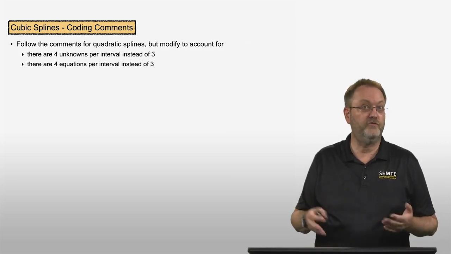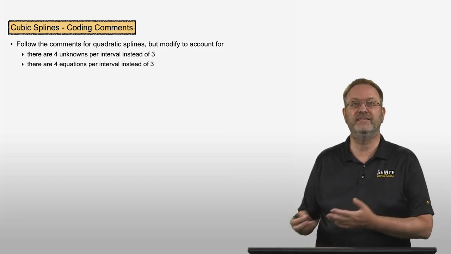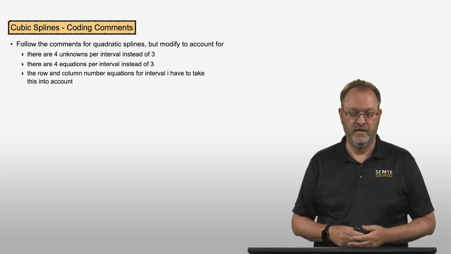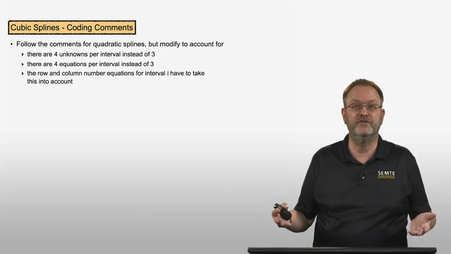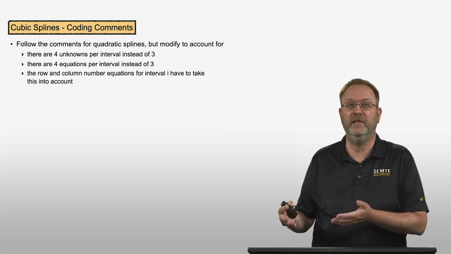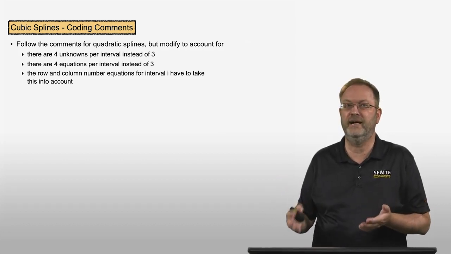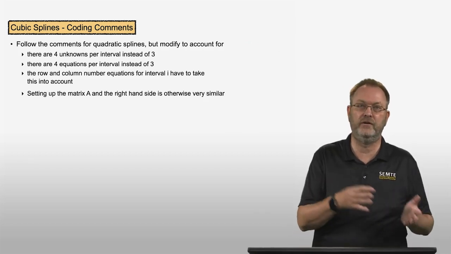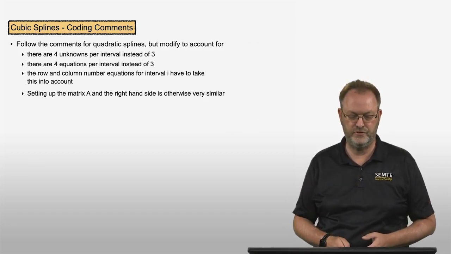And there are also 4 equations per interval instead of the 3. The row and the column number equations for an interval have to take this into account, that I have 4 equations instead of 3 equations, and 4 unknowns instead of 3 unknowns.